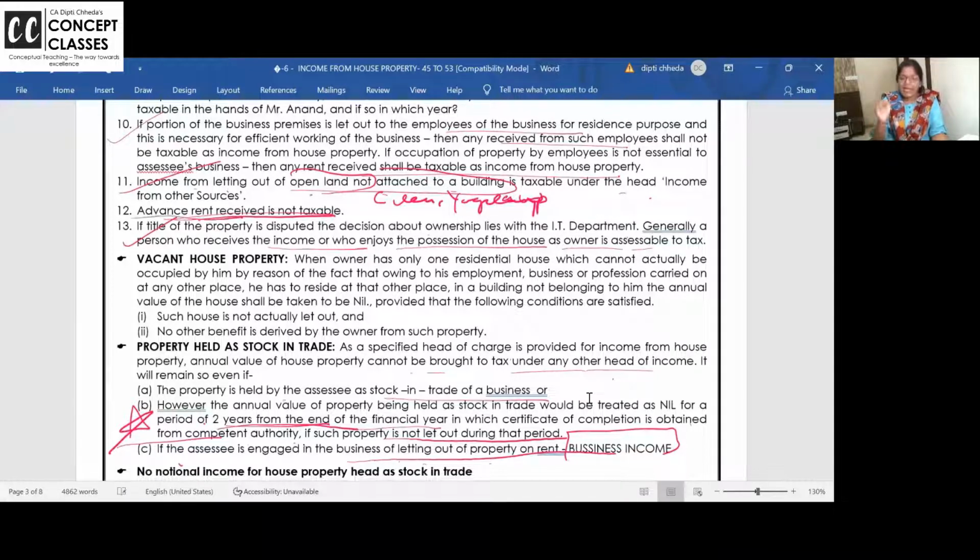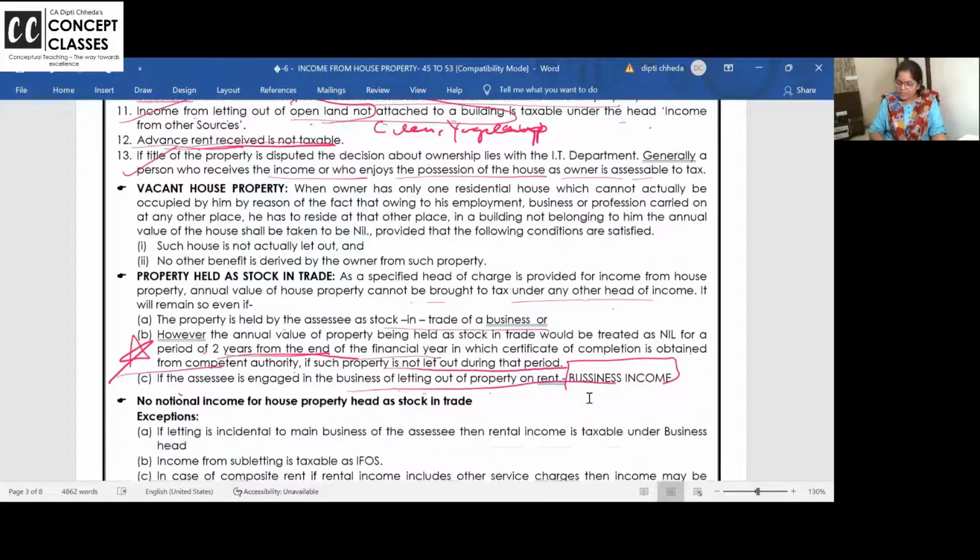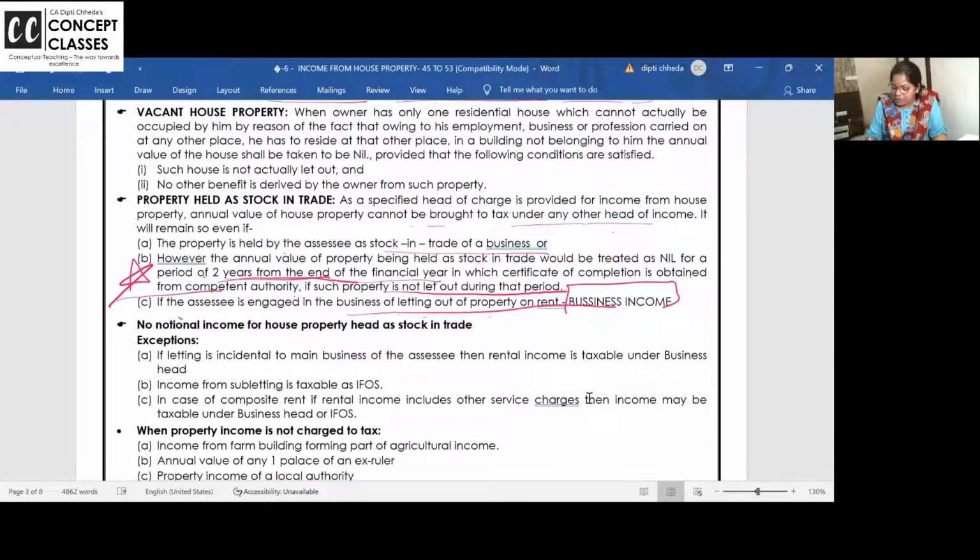The 12th point: advance rent received is not taxable. You are paying me 10,000 rent for 12 months, 1,20,000. It's right now, today, 20th of February. And say, Ashwini, you are traveling out of India and you won't be coming back for 3-4 months.